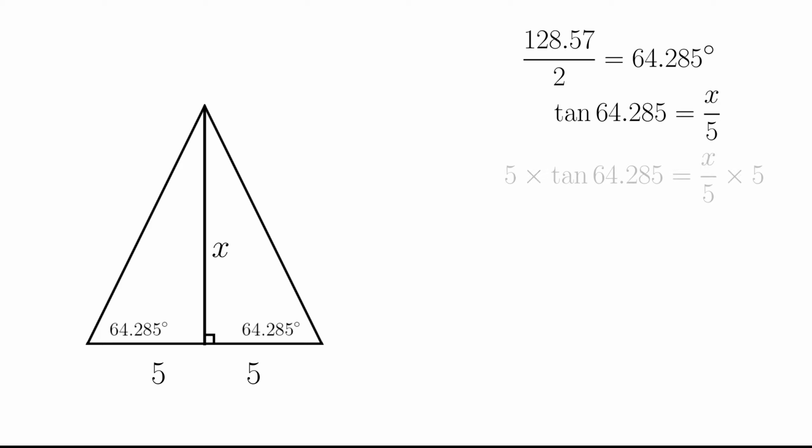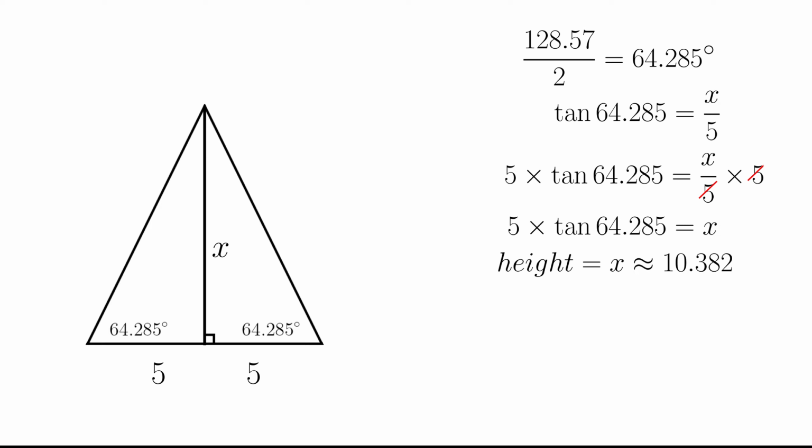We multiply 5 to both sides, which allows us to cancel 5 on the right side to create just x. Plugging in 5 times tangent 64.285 into our calculator, we get x, our height, will be approximately 10.382.